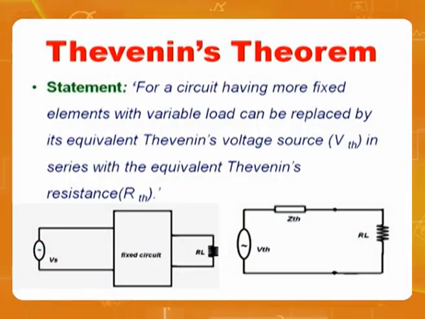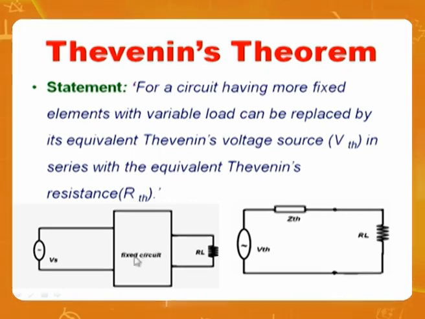So first, I am going for the statement. A circuit having fixed elements with a variable load can be replaced by its equivalent Thevenin's voltage VTH in series with equivalent Thevenin's resistance RTH.